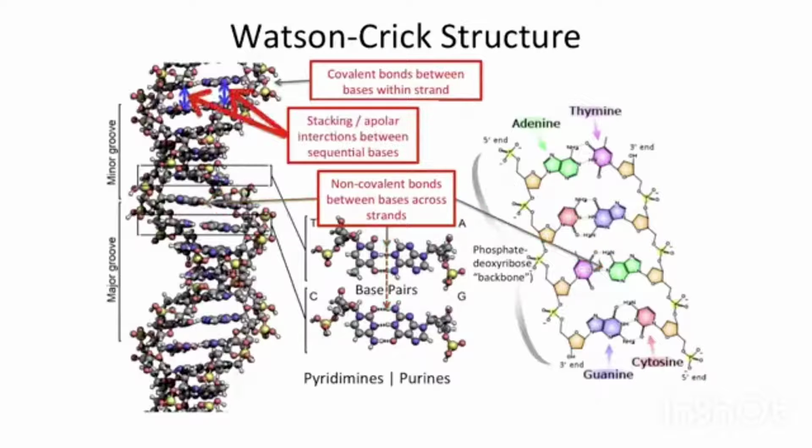There are also apolar stacking interactions indicated by the arrows that stabilize the structure. That is, there are higher energy bonds holding the sugar-phosphate linkages of the backbone compared to the non-covalent interactions between the base pairs.